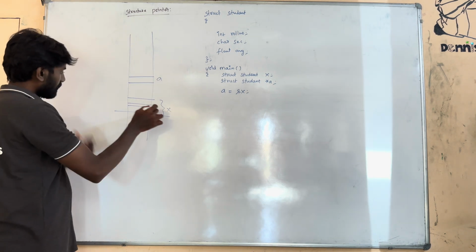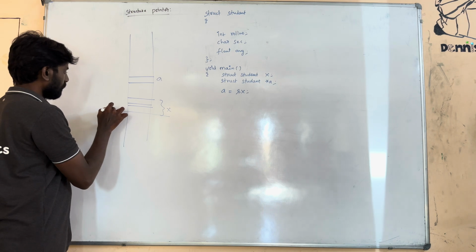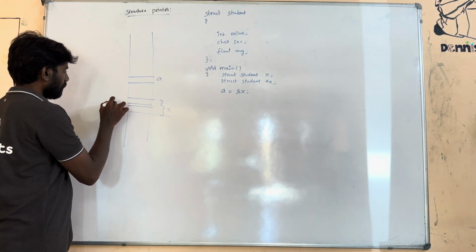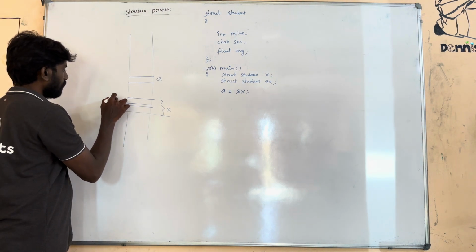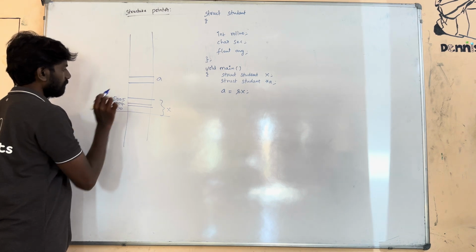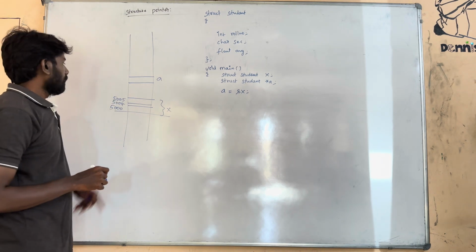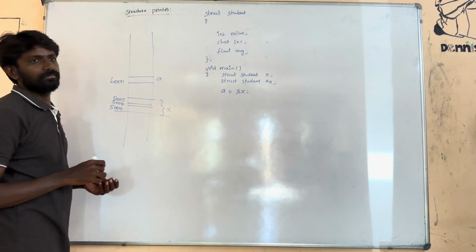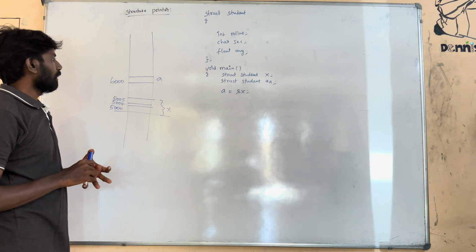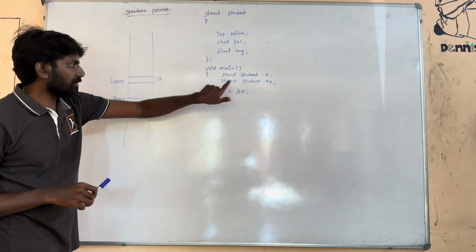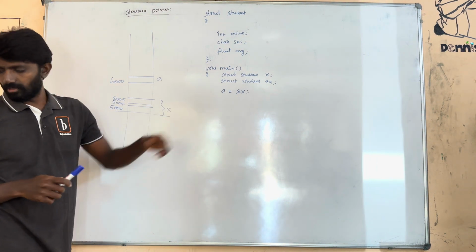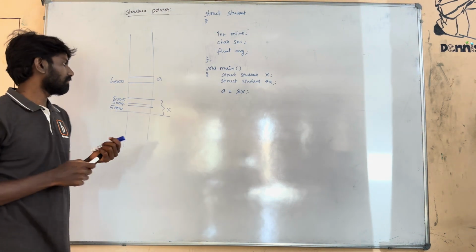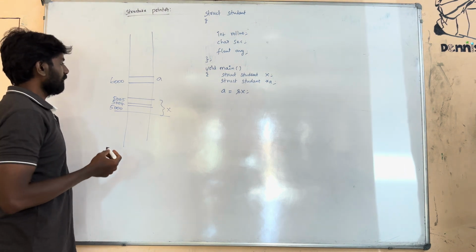Let's assume the addresses are 5000, 5004, 5005, and 6000. Now, ampersand X you are assigning to A, so what will be assigned? 5000.